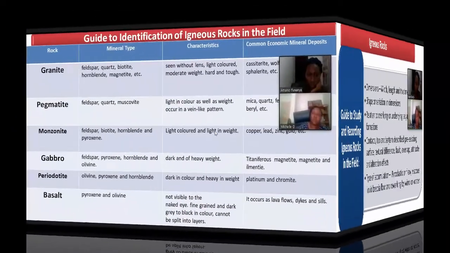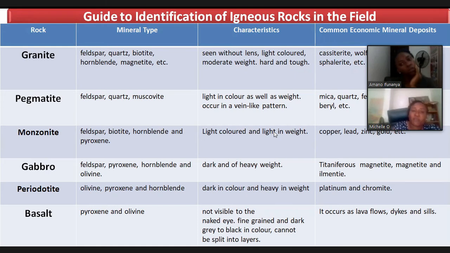I want to ask, whenever we see monzonite rock, should we expect to get copper, lead, zinc, or gold in the rock? No. They say common economic minerals. Now you understand that there is no rock that, once you see it, shows you that a mineral is there. Remember that before any mineral forms, structural control must be in place. Some certain conditions must be in place. If a rock forms and the rock is not fractured, there is no room for accumulation.